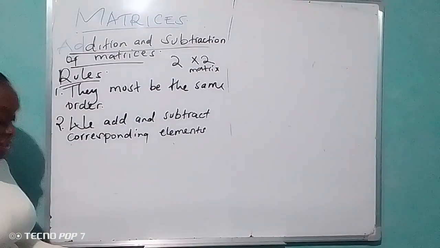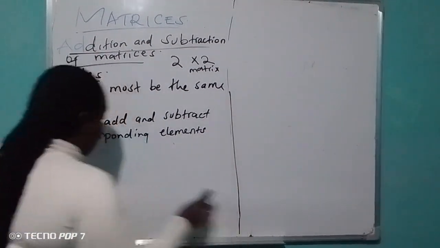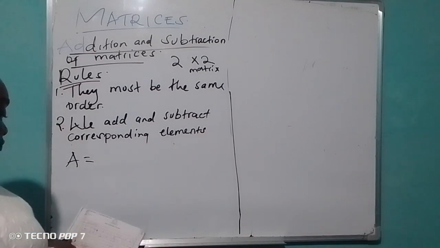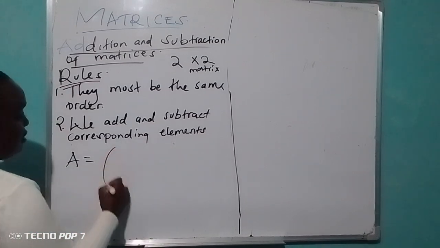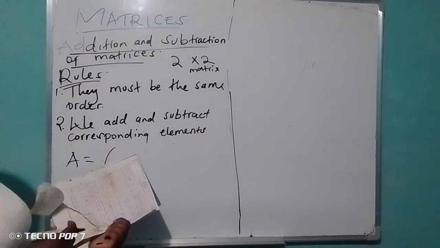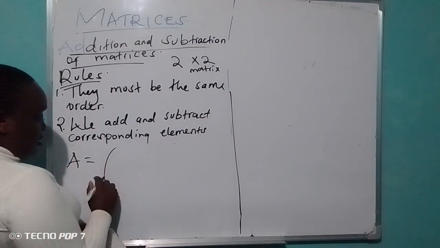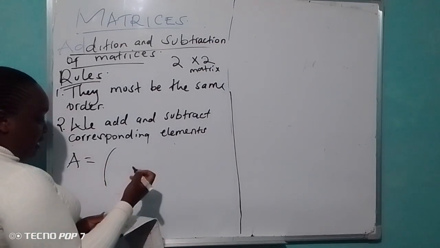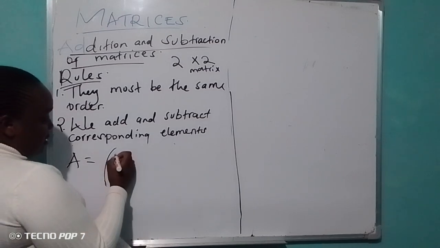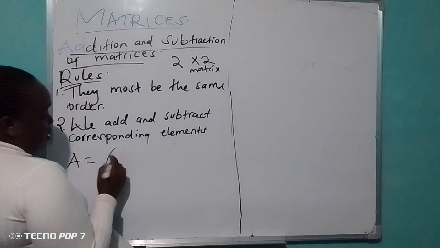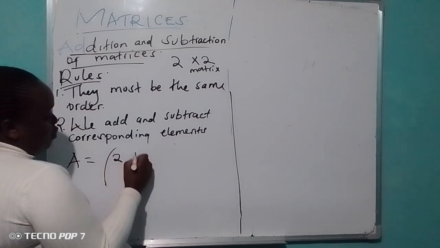So for instance, matrix A, if matrix A is 2, 1, 4, 2.